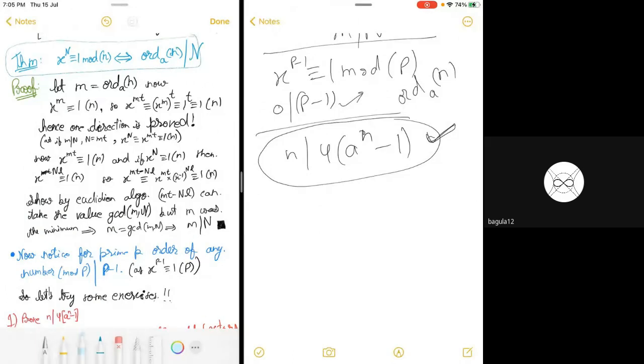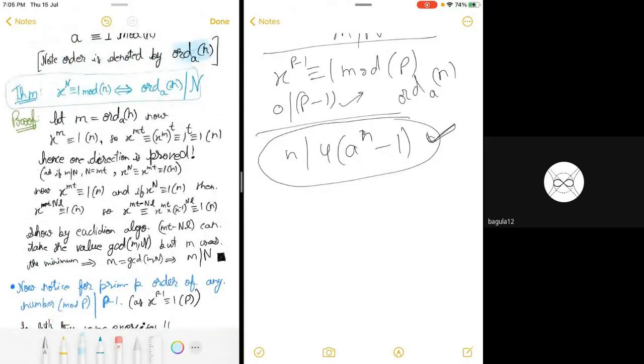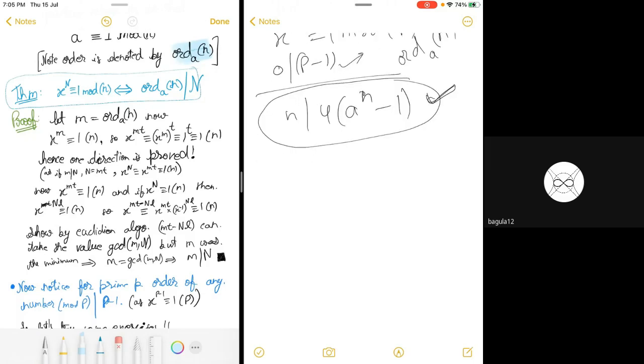Yes, so the idea is right, that we already have proved the order of a modulo N divides capital N. So what if we make this capital N equal to this and this equal to this? We can do that by considering the order of a modulo a to the n minus 1. So this is exactly equal to n.